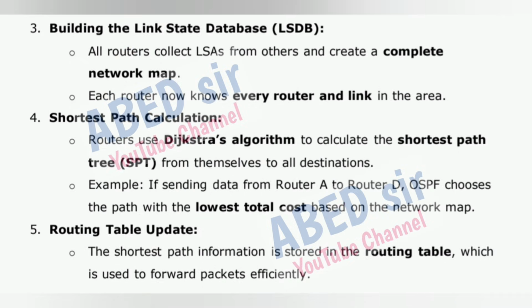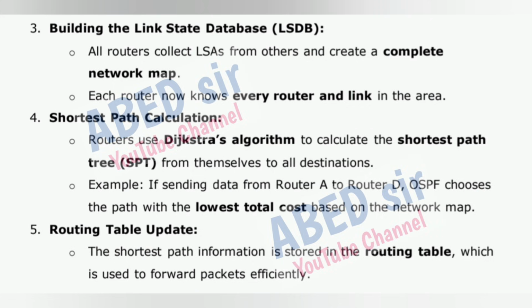3. Building the link state database, LSDB. All routers collect LSAs from others and create a complete network map. Each router now knows every router and link in the area. 4. Shortest path calculation. Routers use Dijkstra's algorithm to calculate the shortest path tree, SPT, from themselves to all destinations.